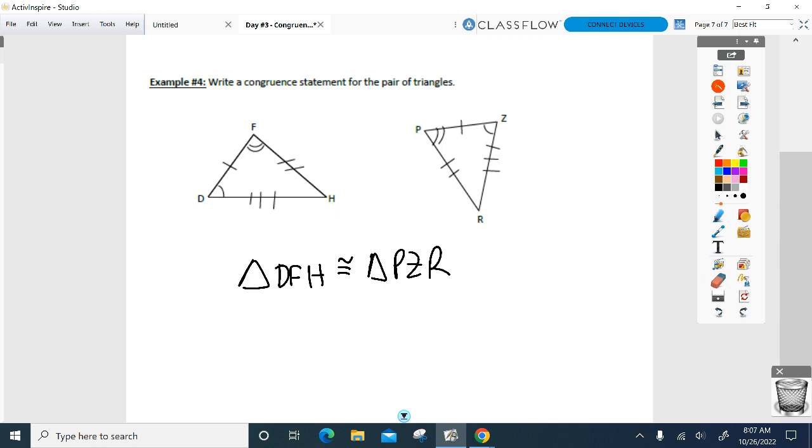Change that second triangle again. The angles and sides have to match up. So you can keep DFH, but then it's got to be? That looks a little bit better. ZPR. Let's see, PR and FH. Yep, we're good now.